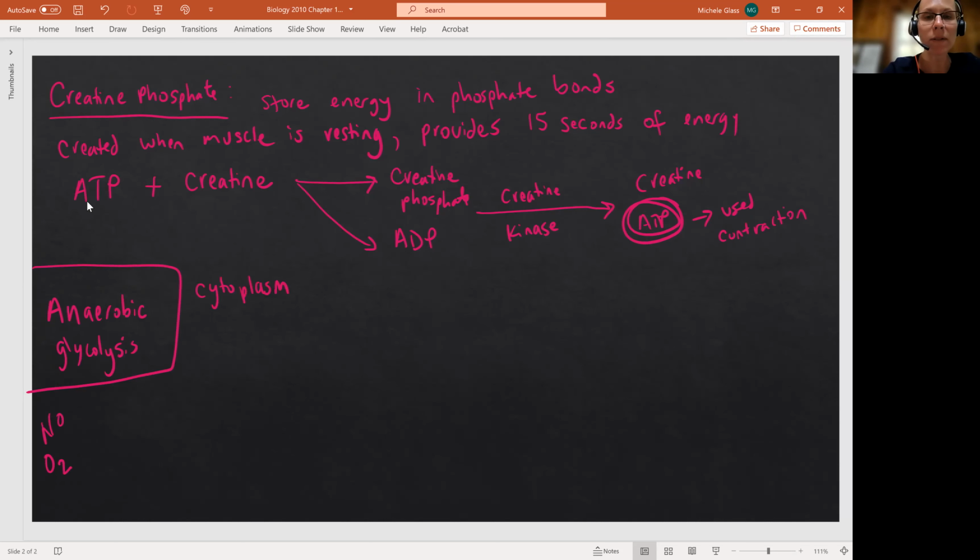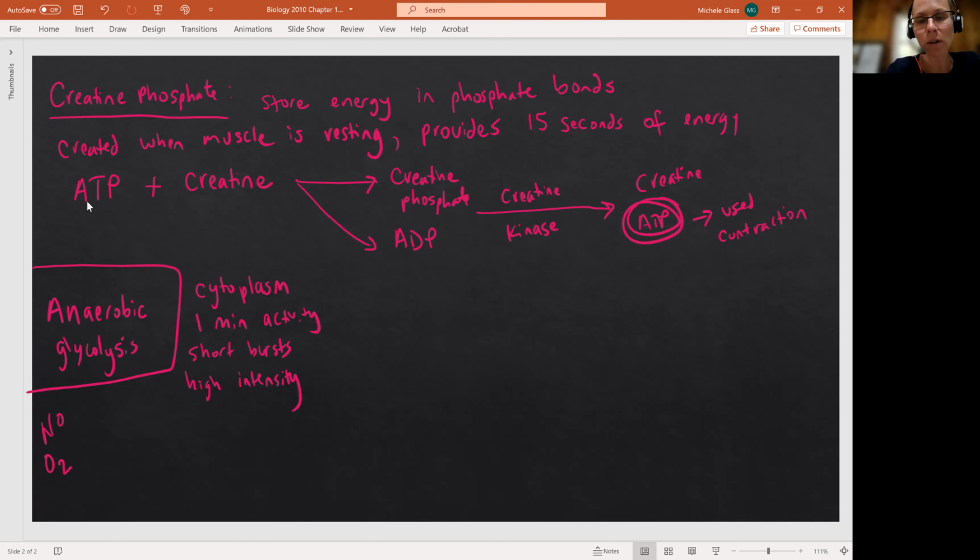We don't have to have a special organelle for this process to happen. This can give us about 1 minute of activity. This is really great for short bursts, high intensity.